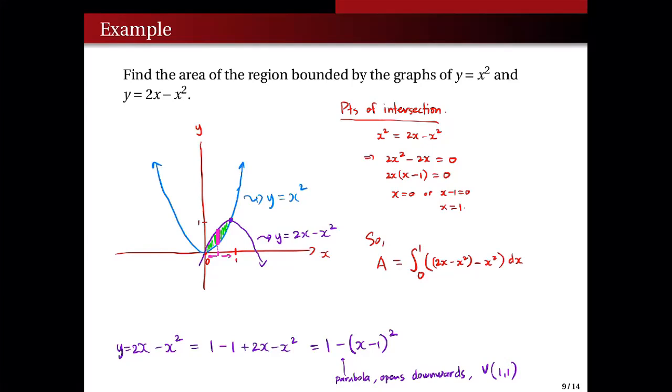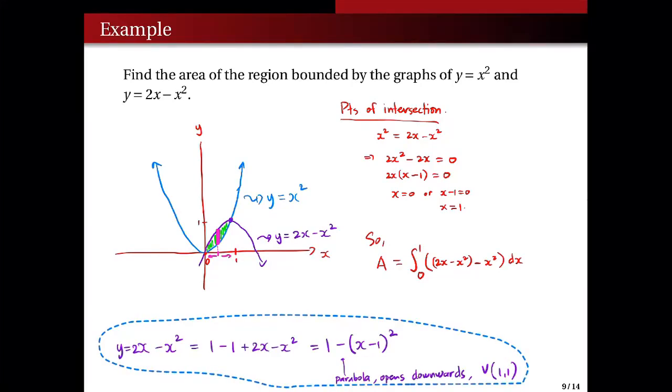Above function minus below function. Questions so far?